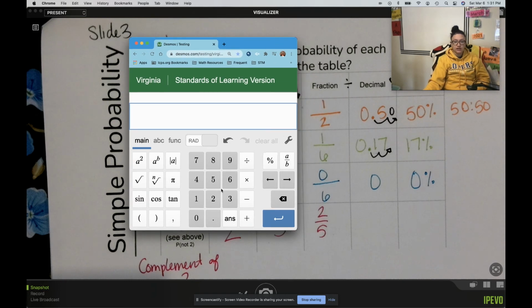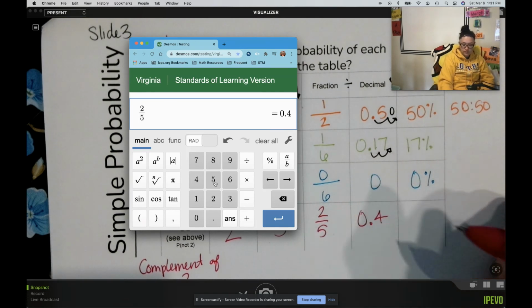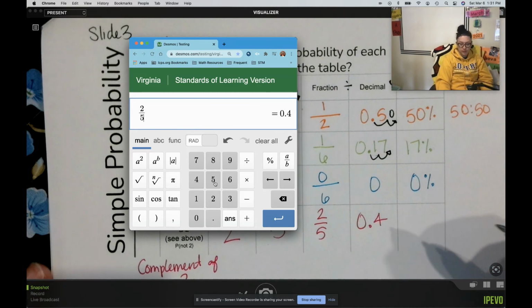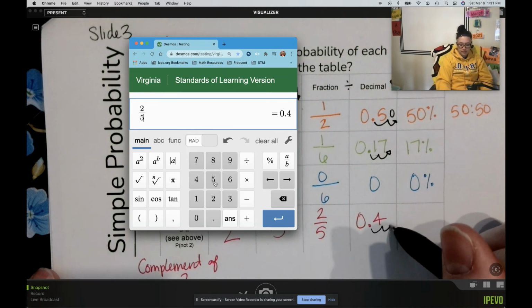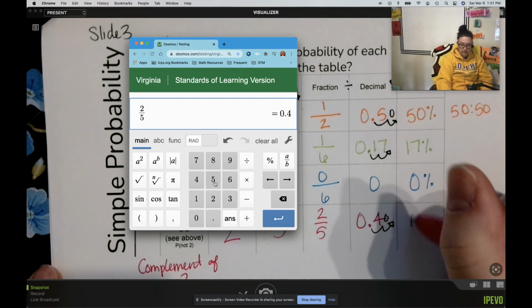No shame in the calculator game if you need it. That's one of those benchmark fractions, though, that hopefully we know. We get 0.4. What's 0.4 in fraction or in percent form? 40%.